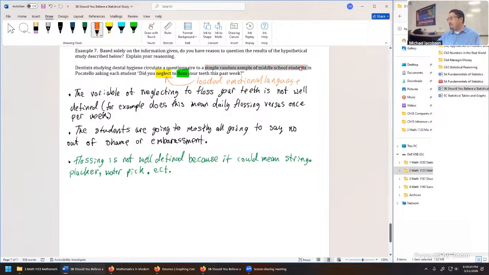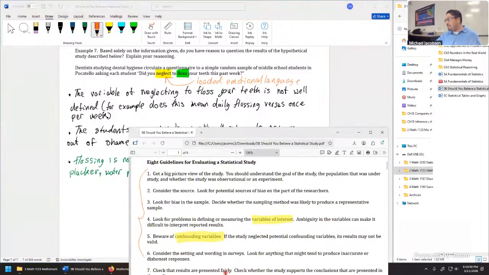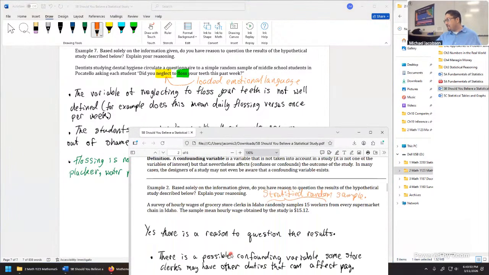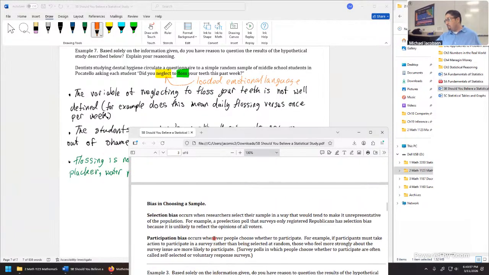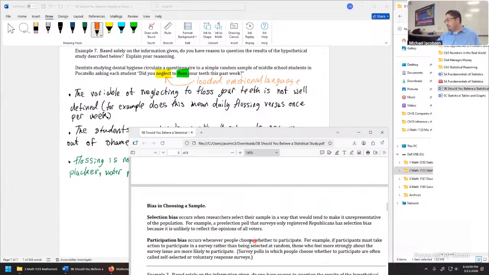They have to do an entire questionnaire, and no middle schooler has time for that. Adults hardly have time for that. So yeah, I think that's a really great take on that. Somewhere down the line here, we have a particular kind of bias, participation bias.